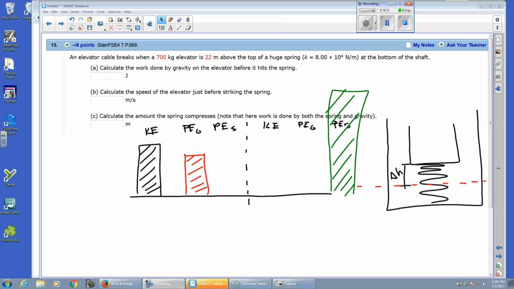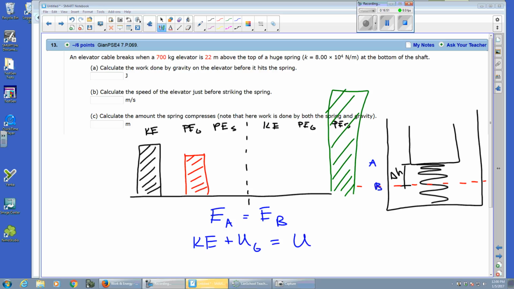So the way I would set it up: energy at A has to equal energy at B. Energy at A is kinetic energy and U grav, which has to equal U spring at B.